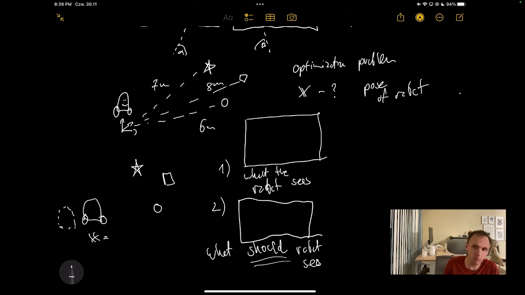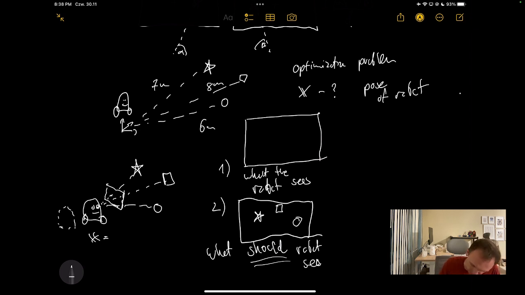Just assume for a moment that the true pose is this, and based on this we can try to predict what the robot should see. So the picture in front of the robot would be something like this: if the robot really was here, it should see the star over here on the picture, and the square over here, and then maybe the ball over here.